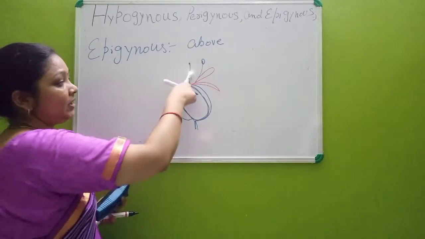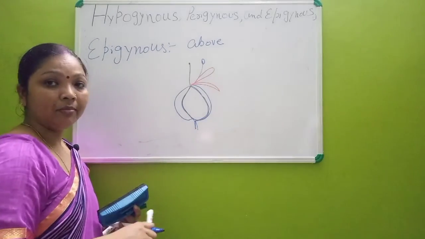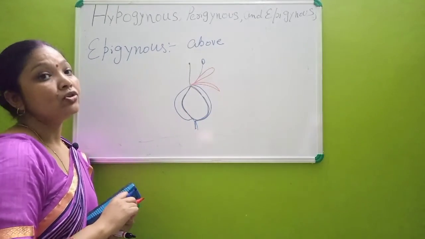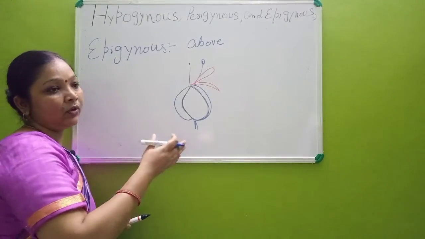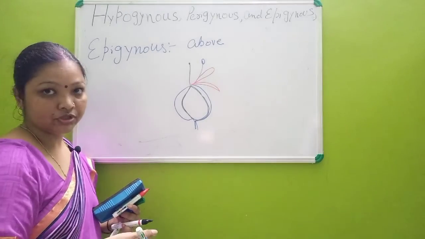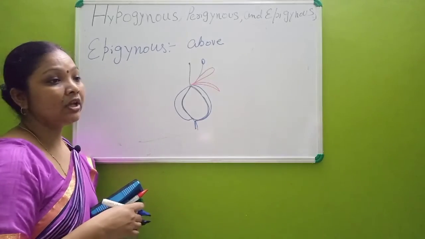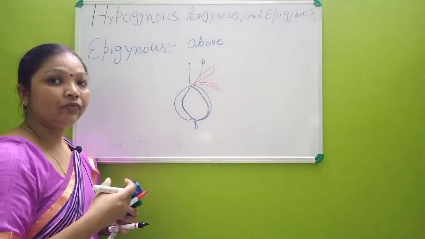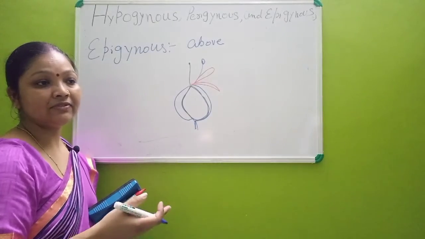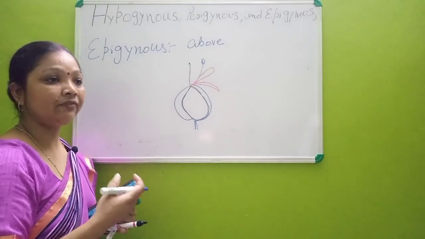Now what happens? Everything arises from the portion above the ovary. So here the ovary is inferior and all the other whorls are superior in position. So this type of ovary is called epigynous, and the flower is called an epigynous flower, where the ovary is inferior.